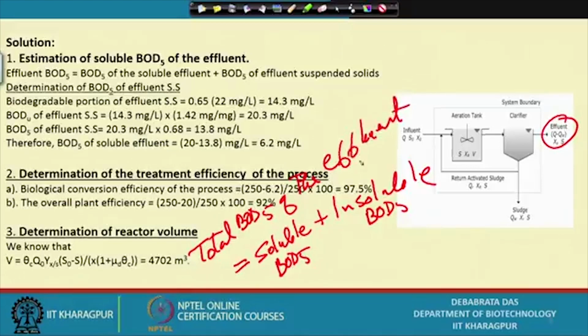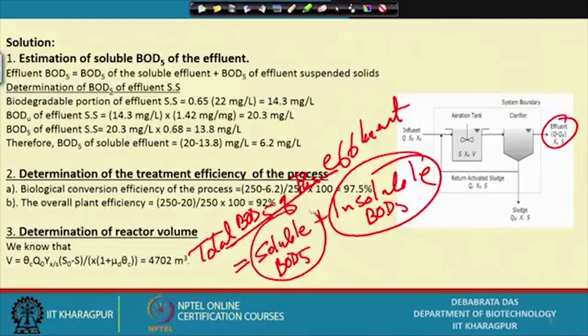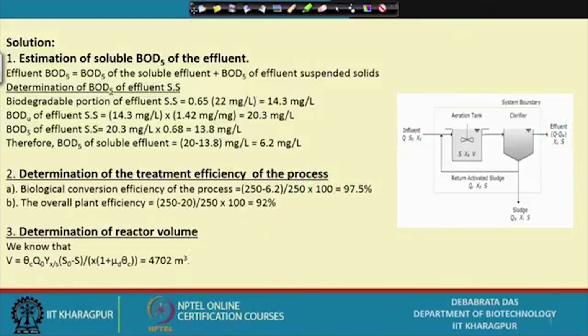Am I right? Now if you can find out the BOD5 of the insoluble solid material, then if you deduct it from the total BOD5 of the effluent, then we can find out the BOD5 of the soluble liquid. So, this is exactly what we are doing here. You see that the effluent BOD5 equals BOD5 of the soluble effluent plus BOD5 of the suspended solid.